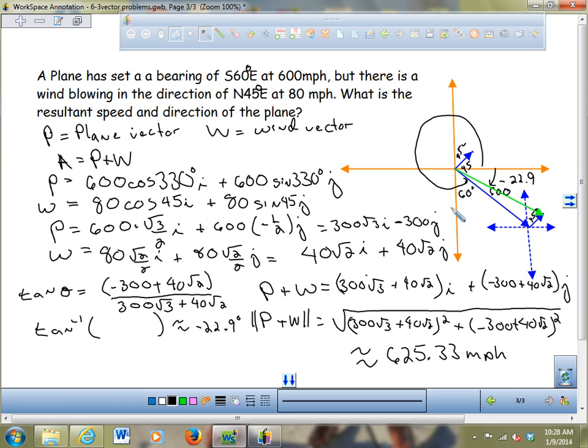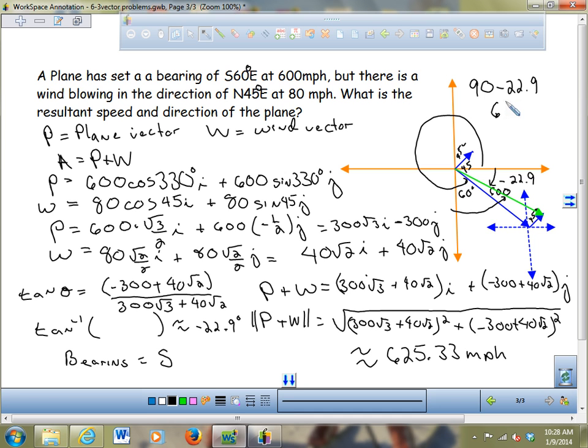So the bearing, which has to be expressed from either north or south, is going to be south, 90 minus 22.9, which is 67.1.